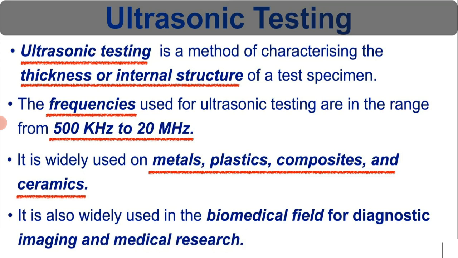An ultrasonic pulse is produced by an electroacoustical transducer which is held in contact with one surface of the concrete by using a non-compressible liquid or paste like grease or cellulose paste. It is also widely used in the biomedical field for diagnostic imaging and medical research.